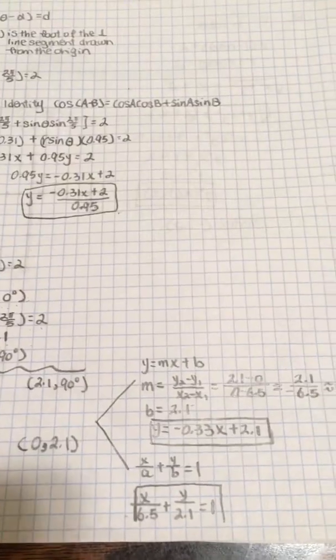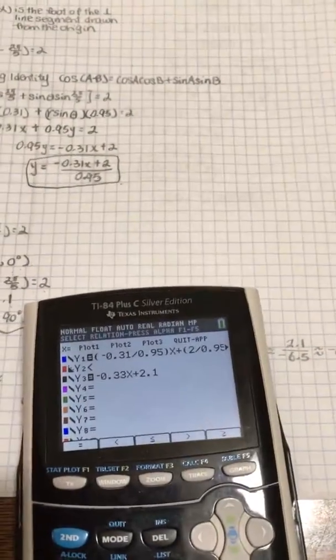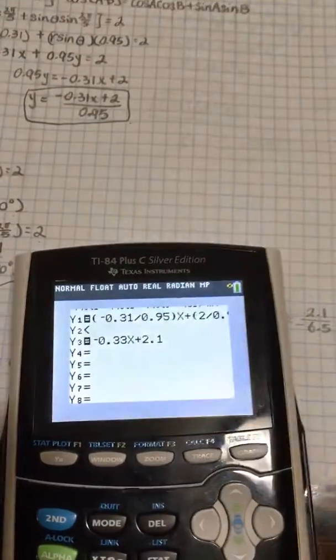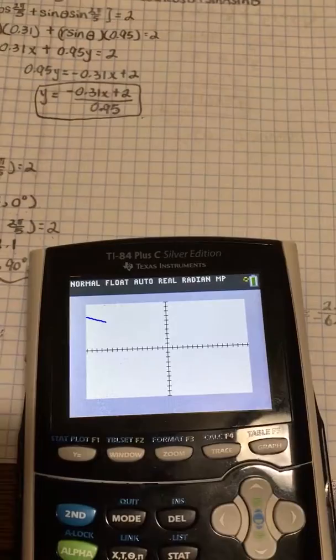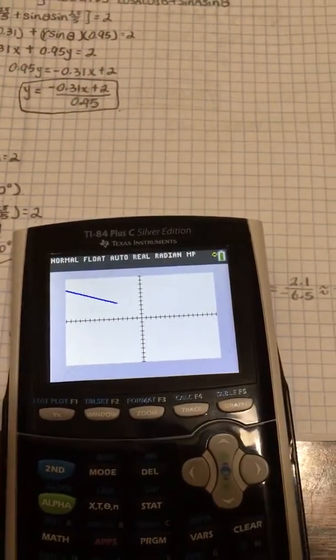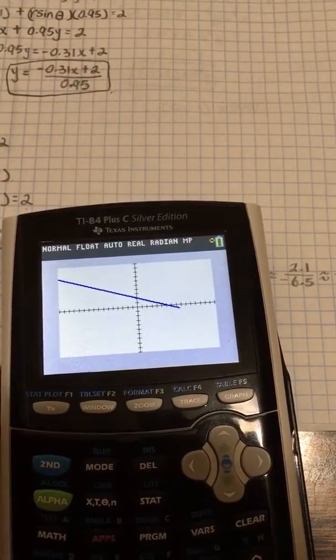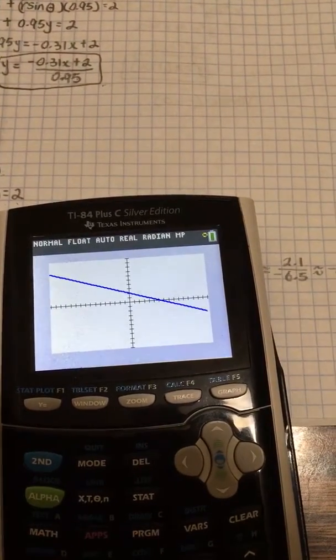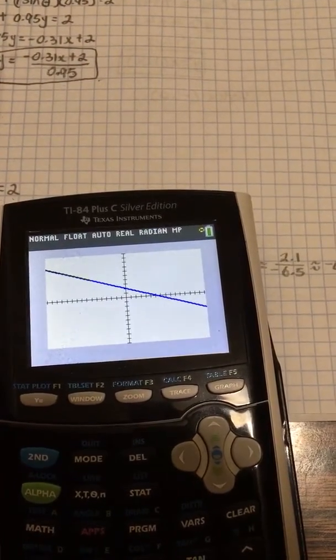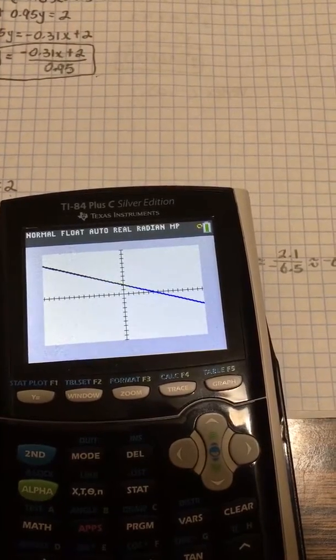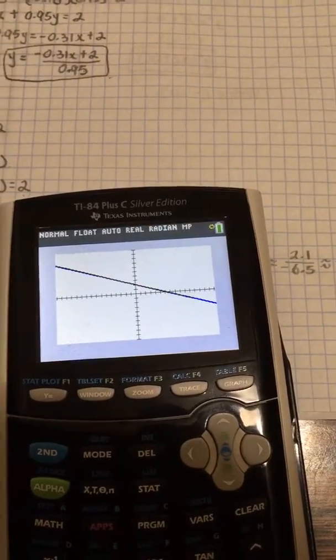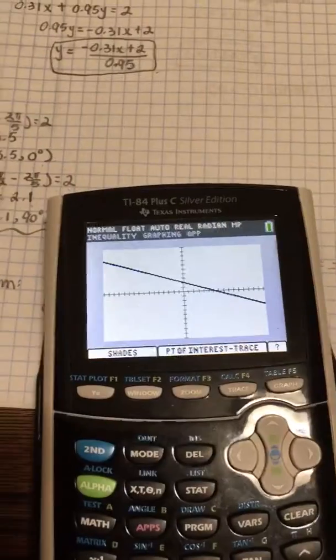Just to show that they are the same, I typed these two equations into the graphing calculator, and I'm going to hit graph. So this is the first equation, and then the second equation is going to overlap the first equation, because since they're the same, it makes sense that they overlap.